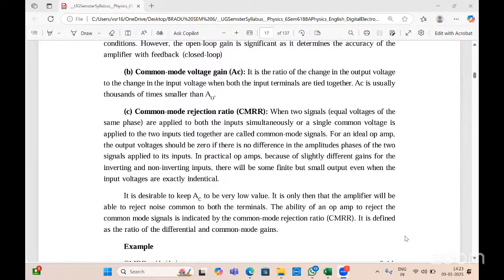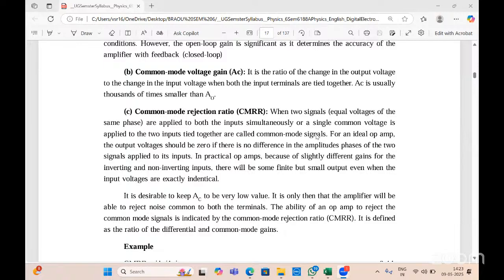Next, CMRR, common mode rejection ratio. When two signals are applied to both inputs simultaneously, or a single common voltage is applied to two inputs tied together, they are called common mode signals. For an ideal op amp, the output should be 0 if there is no difference in the two signals applied to its input.